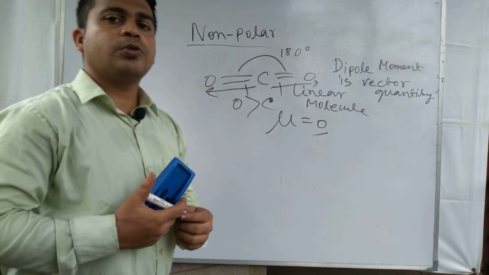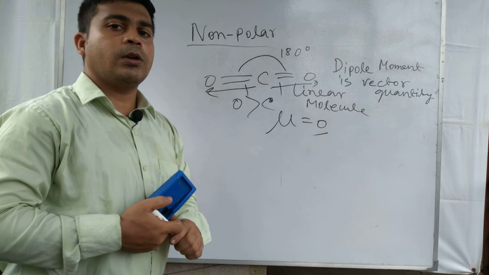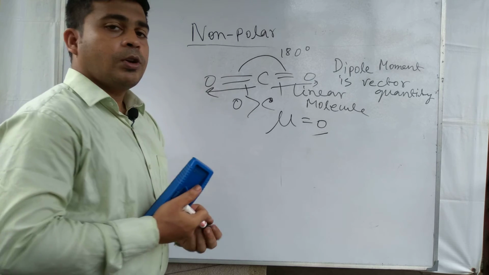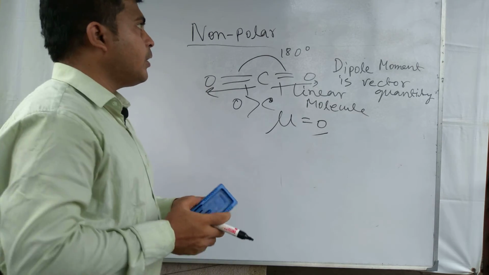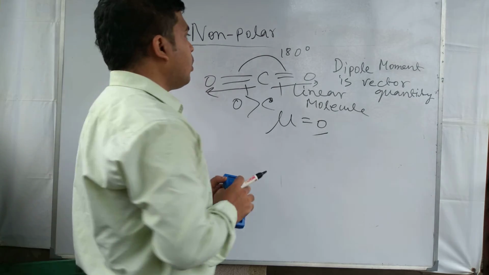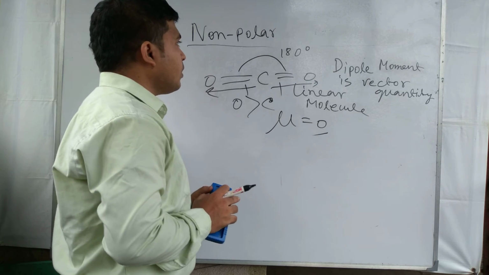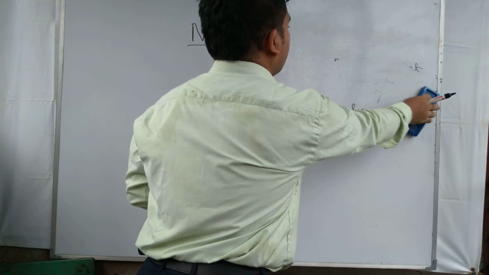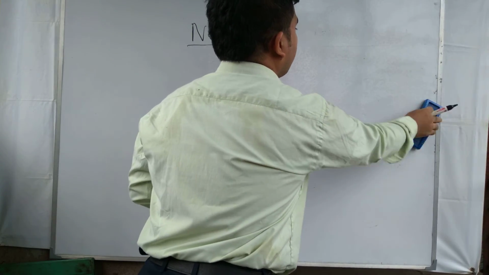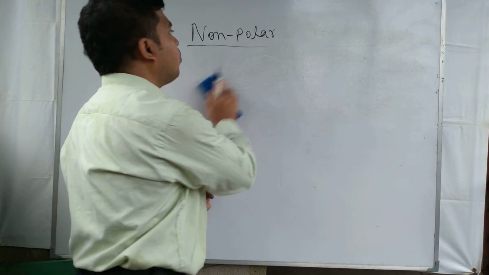So for some molecules the dipole moment is 0, and for that reason the molecule is overall non-polar. This is the reason why some molecules have polar bonds but are overall non-polar.